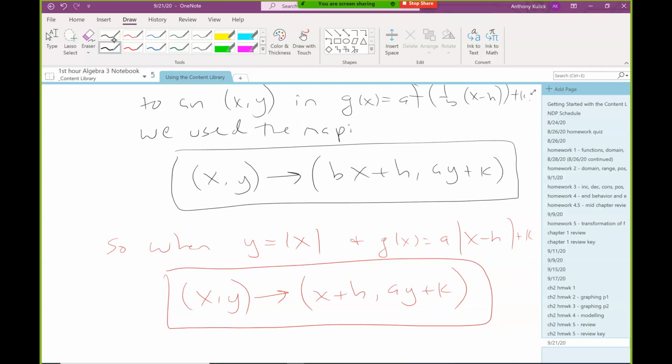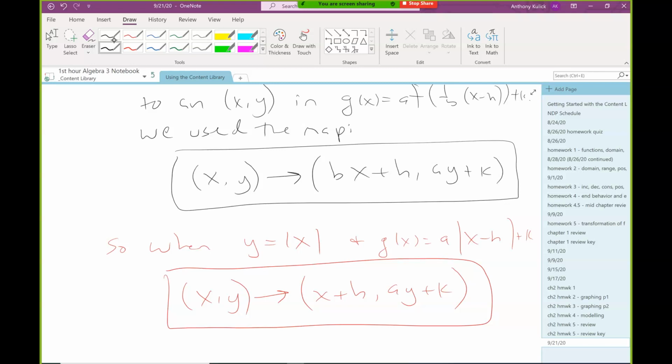So this is just some groundwork to justify the process that we're going to use to graph. This is not anything that you would have to repeat. Okay? This is just me justifying the process that I'm going to use to graph these absolute value functions using the language that we developed in the previous chapter.